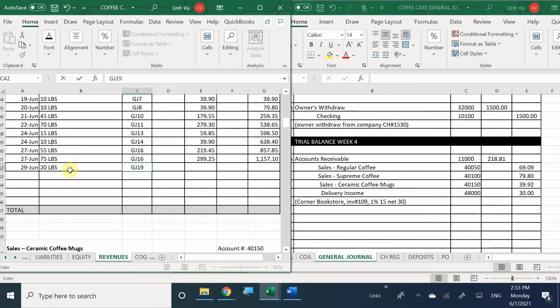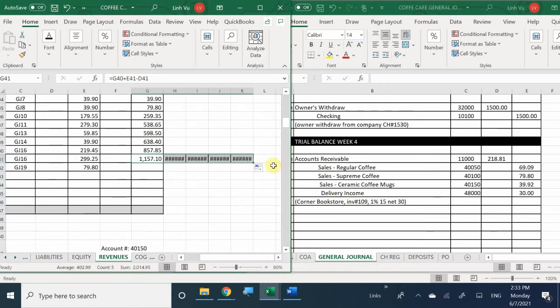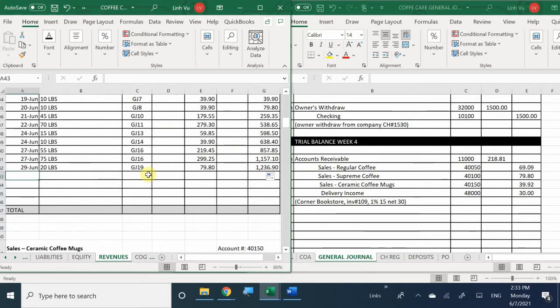General Journal 19, credit of 79.80, which brings the running total to 1,236.90. Okay. And now we go to our mugs.